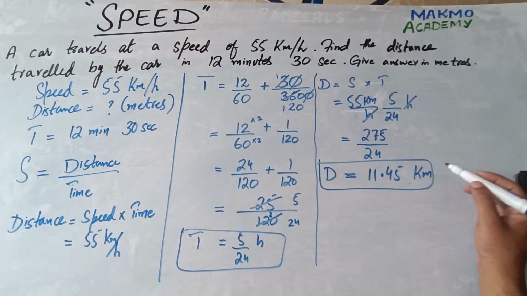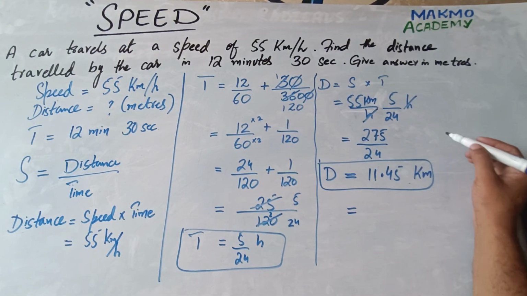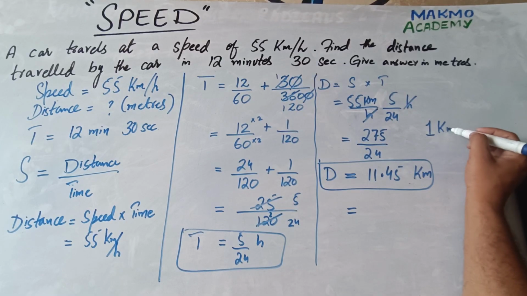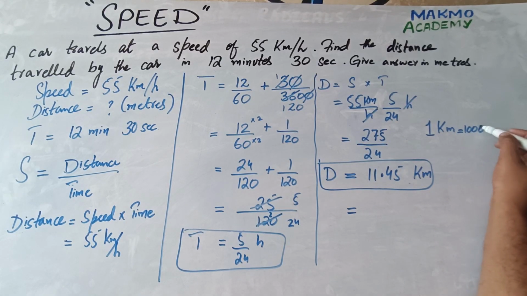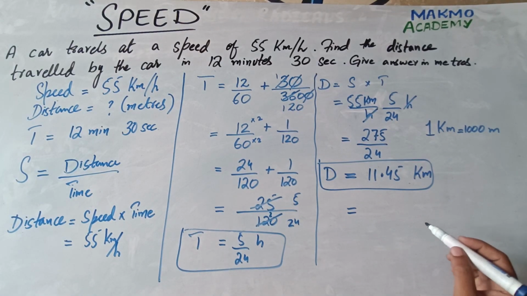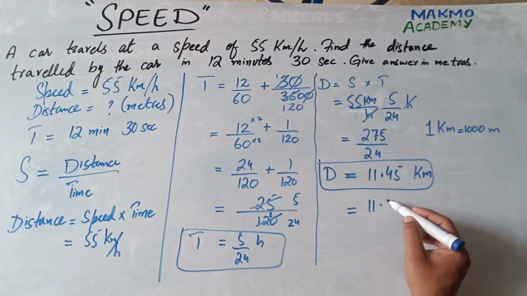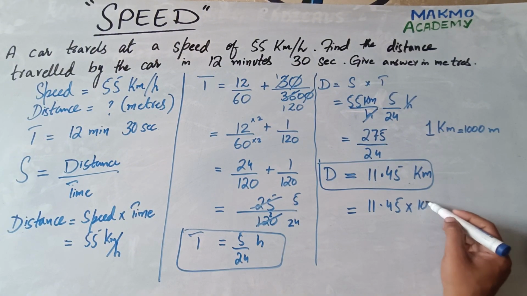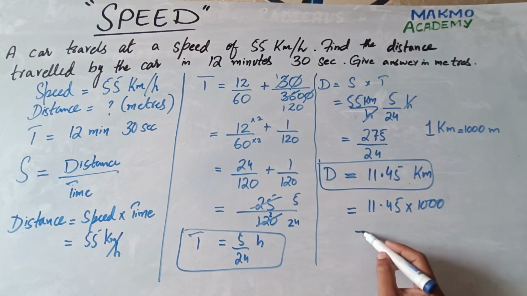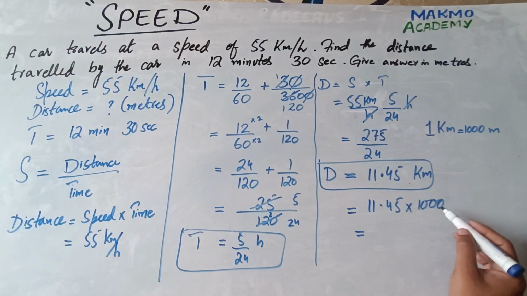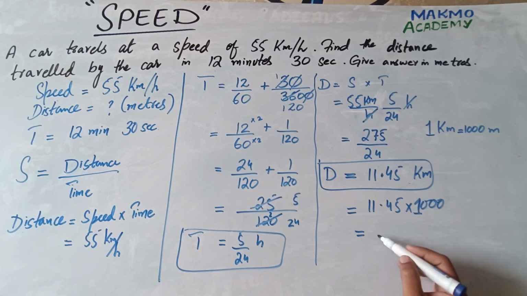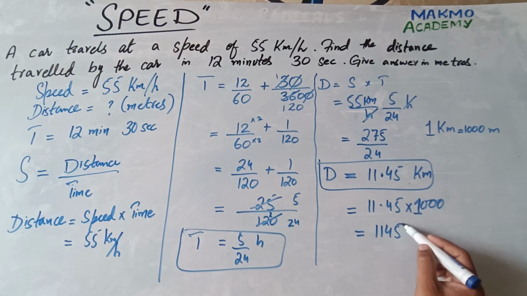When we go from kilometers to meters, we multiply by 1000 because in 1 kilometer there are 1000 meters, going from bigger to smaller. So its decimal will go 3 places forward because we are multiplying by 1000.